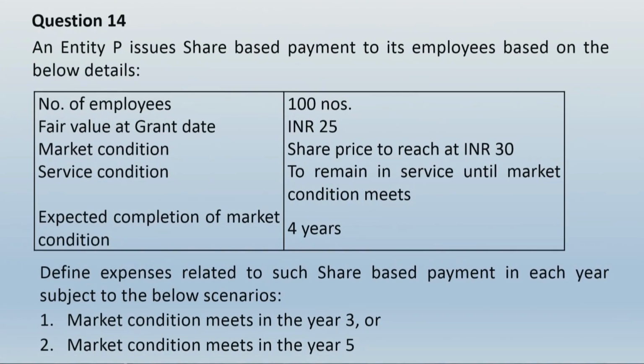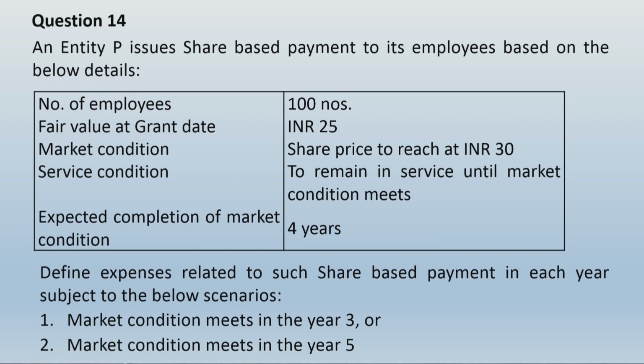An entity P issues share based payment to its employees based on the below details. Number of employees 100, fair value at grant date is INR 25, market conditions, share price to reach INR 30, service condition to remain in service until market conditions meet, expected completion of market condition 4 years.